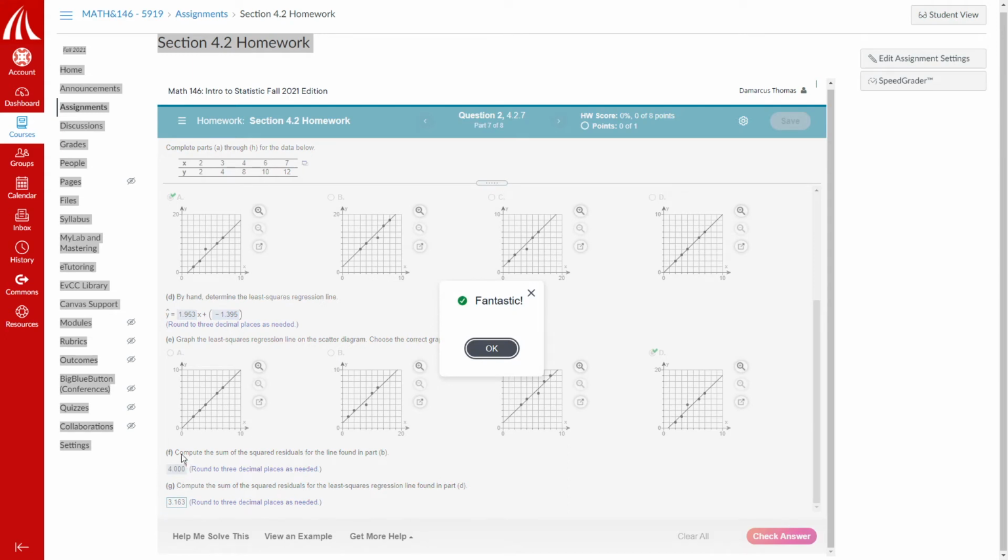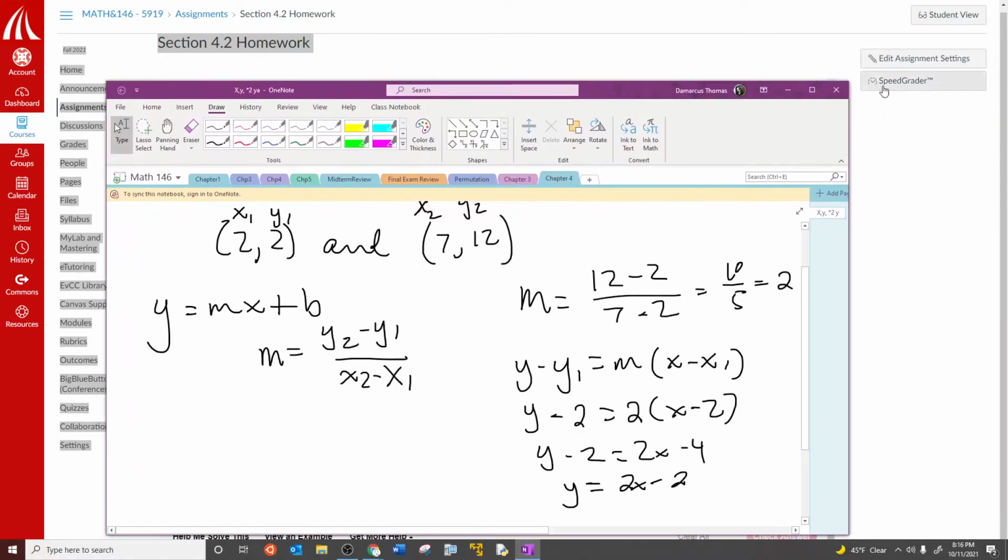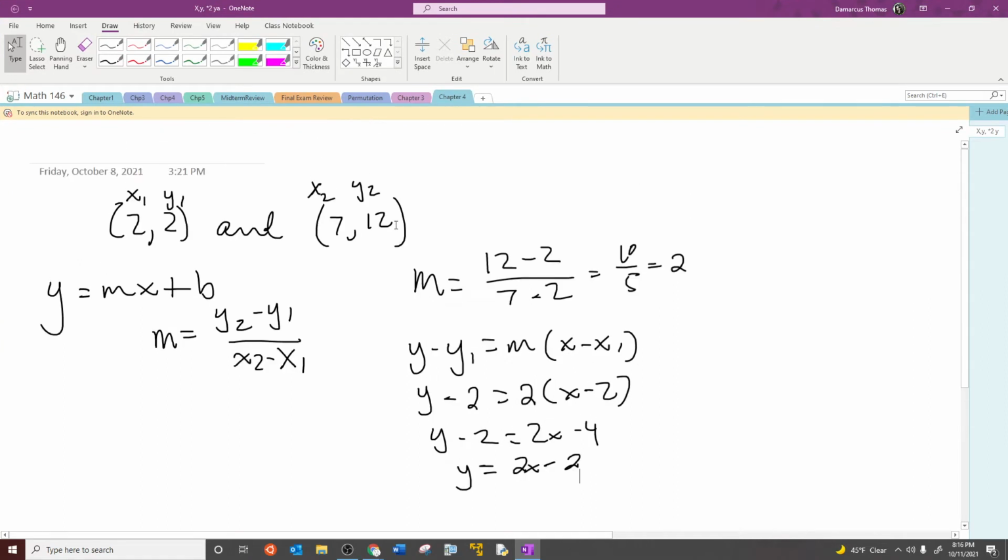Okay, yeah. We didn't compute it from the original line. We could have. It's going to give us more error because that is not the least squares regression line. It's just an estimation.